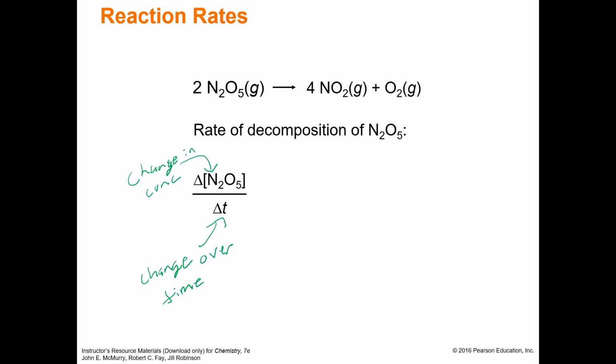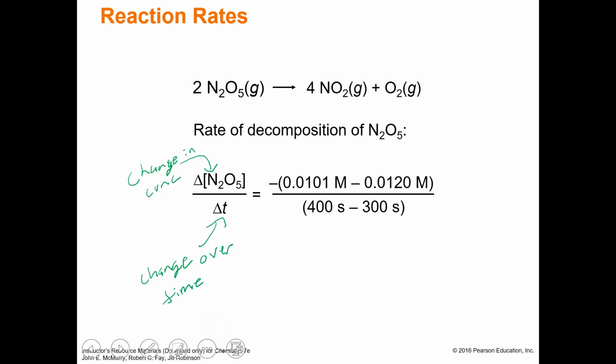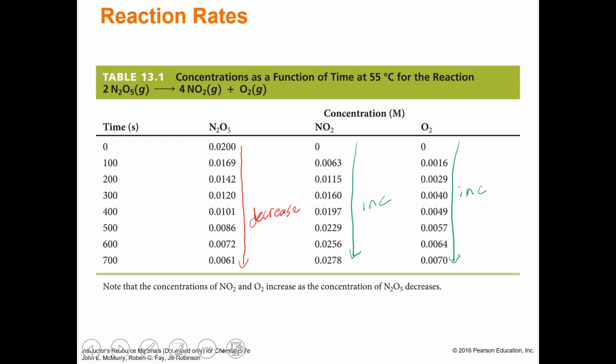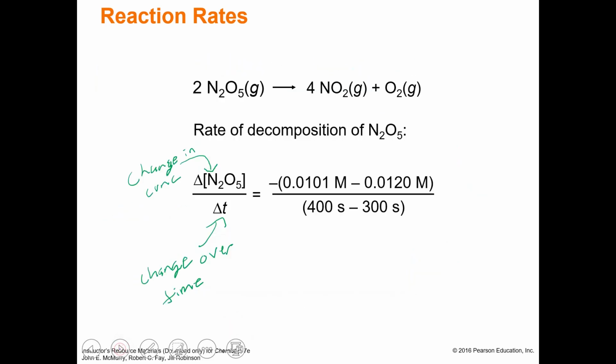So the rate for N2O5, if we took from that table, if we pick the amounts at 400 and 300 seconds, if we go back to our table and we go to 400 seconds, this is the concentration, and at 700 seconds, here's our concentration. At 400 seconds, our concentration is 0.0101 molar.